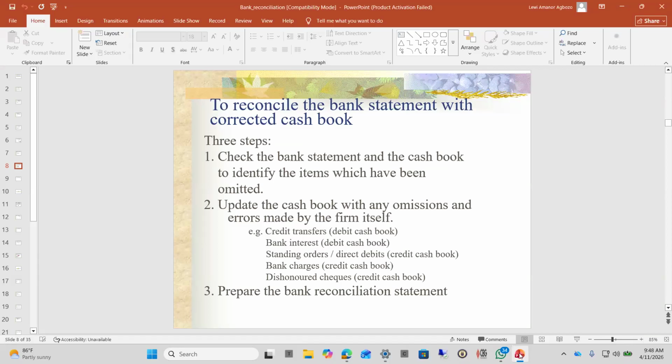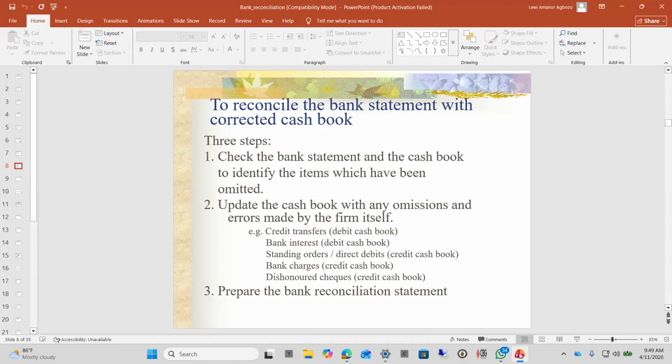Now, to reconcile the bank statement with the corrected cash book balance, there are 3 steps. The first step is that you check the bank statement and the cash book to identify any items that are omitted from any of the statements. Then you update the cash book with any omission from the cash book but which is in the bank statement.